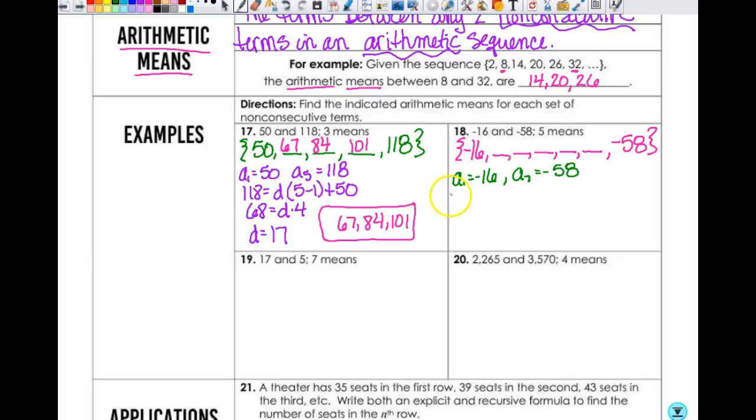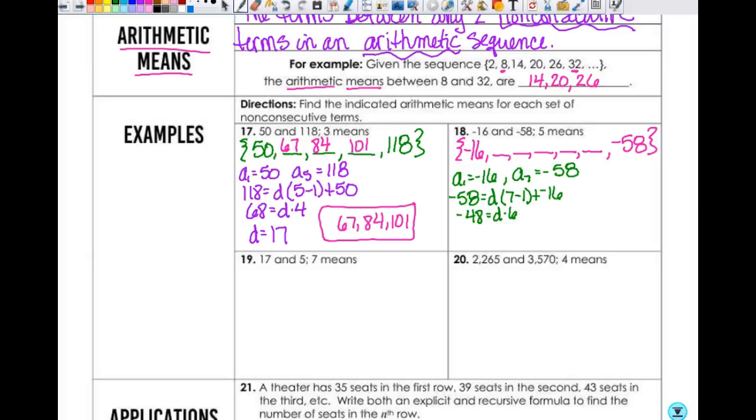So I use my rule. Negative 58 is equal to D times n minus, oh shoot, I know what n is. That's the whole point. Negative 58 equals D times n, which is 7, minus 1, plus A1, which is negative 16. So I will add 16 to both sides. Gives me a negative 48 equals D times 6.